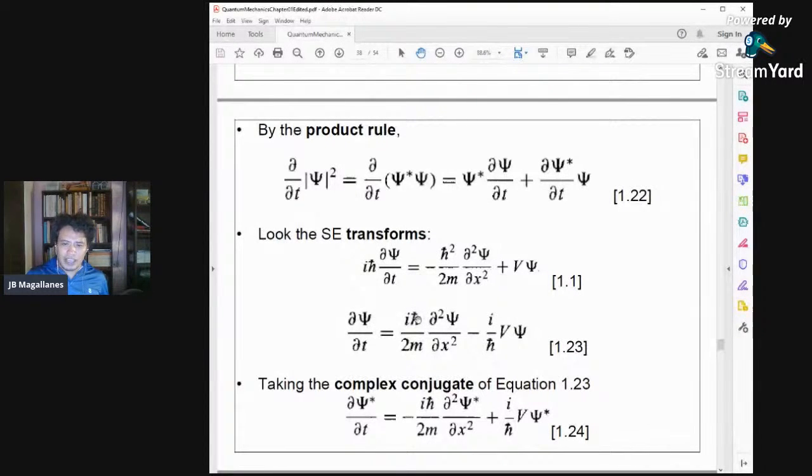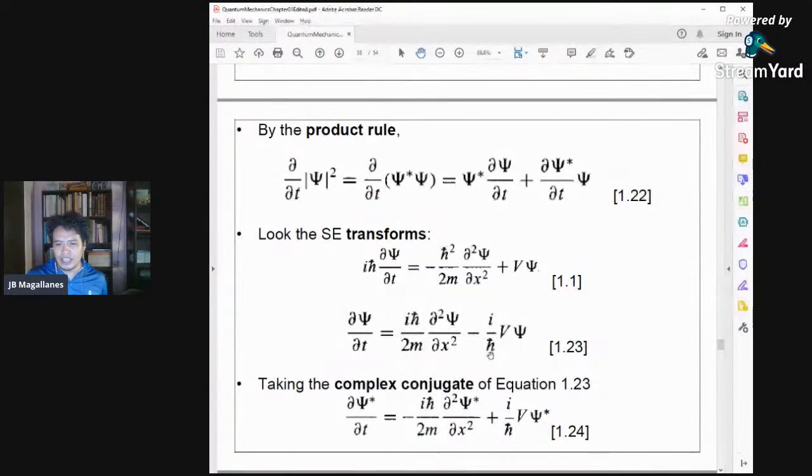So you have h bar squared divided by 2m divided by i h bar. The h bar will cancel, and then you have an i at the bottom. But if you transfer the i at the bottom to the top, you will change the sign. You have done a complex number course, so you know why this becomes positive.